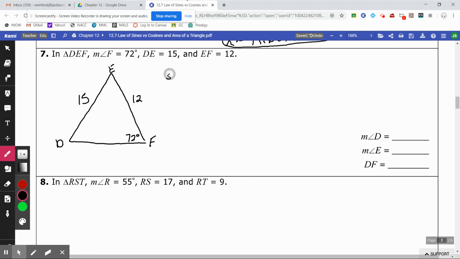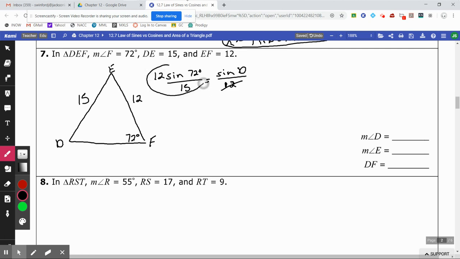So we have the sine of 72 over 15 is equal to the sine of, and it really doesn't matter which one you find first, we'll find D first, over 12. Actually, it will matter because we don't have this third side. So it'd be hard to find E before you find D. We're going to move 12 over by multiplying.